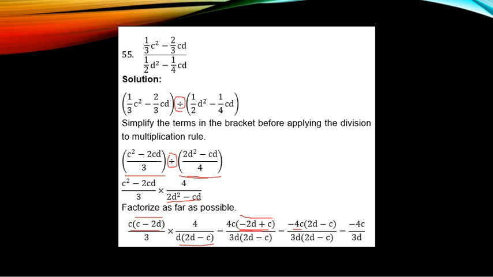That minus 1 you factor out, if you divide minus 2d by minus 1, you have 2d. You divide plus c by that minus 1, you have minus c. So that 2d minus c cancels 2d minus c. And at the end, you have minus 4c all over 3d.